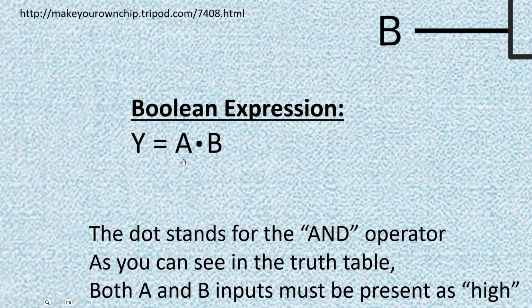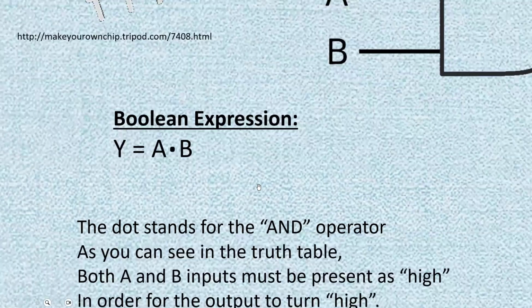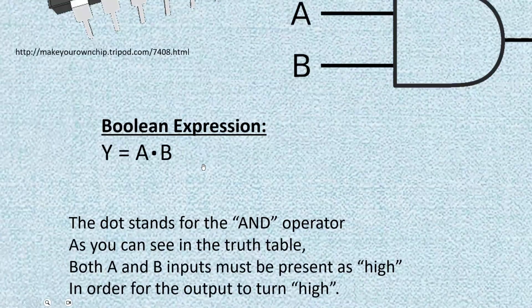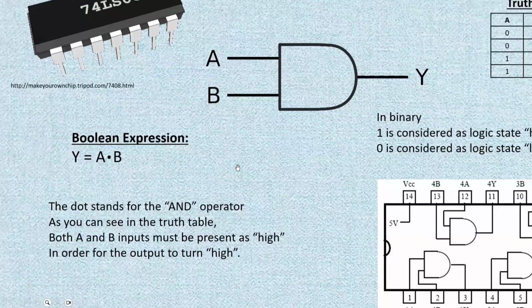In a way, it works quite similarly to regular algebra, so the calculations and the result would be similar to multiplying. But we read this as AND. So the Y output equals A and B. And if there were more inputs here, they would go C and D and E or whatever, whatever the number of inputs.